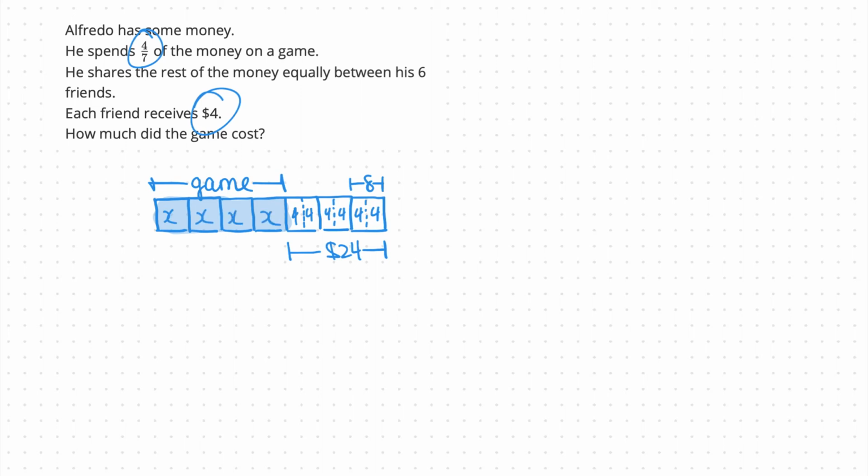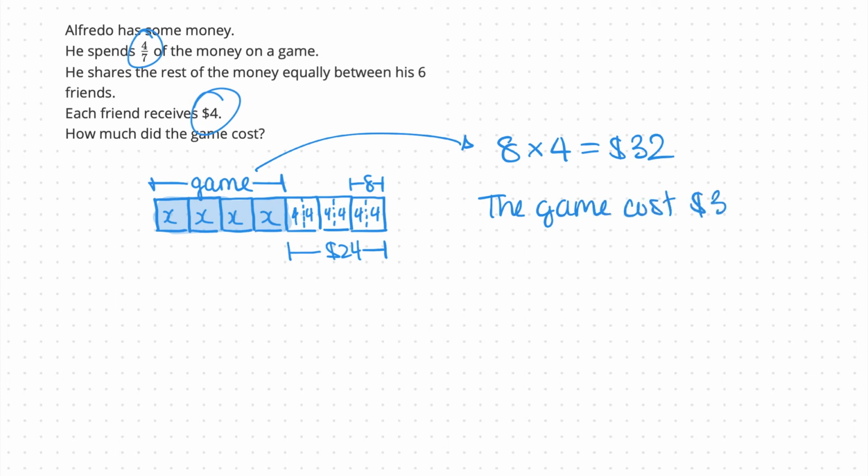But notice that if this one square is 8, that means all of these pieces is 8. So now to figure out how much the game costs, I would have 8 times 4, which gives me $32, which means that the game cost $32.